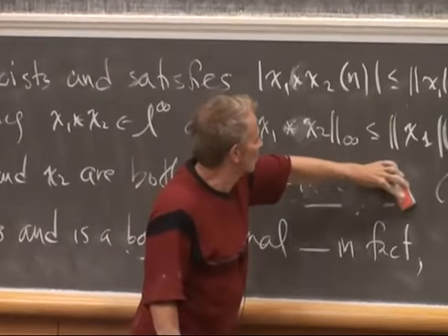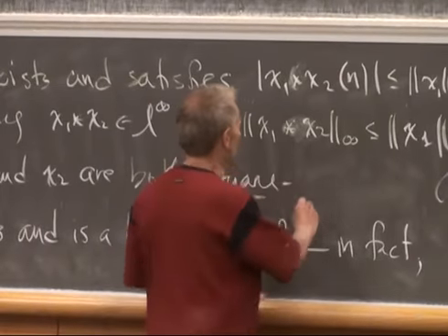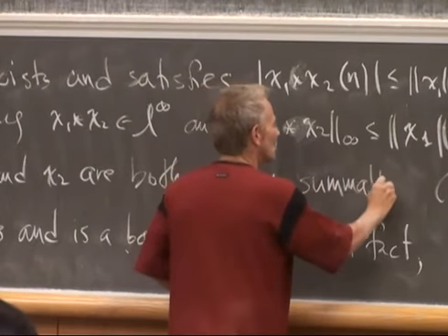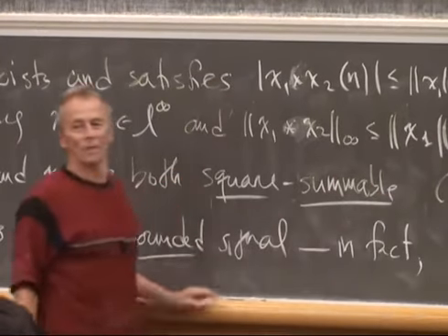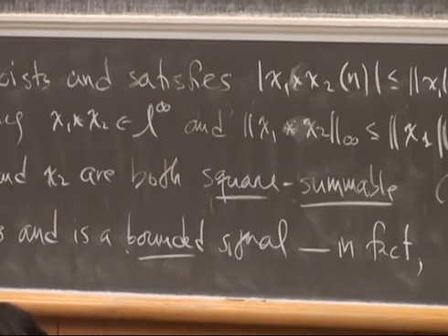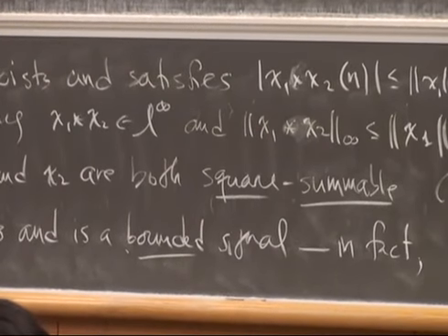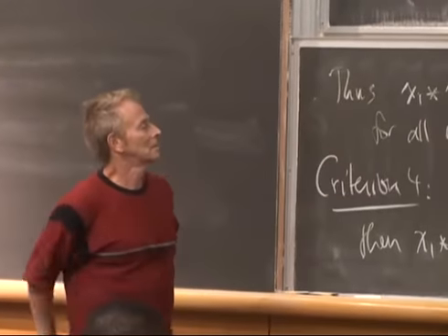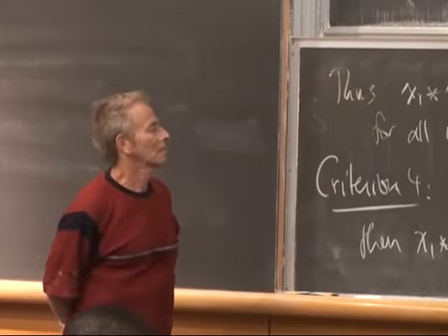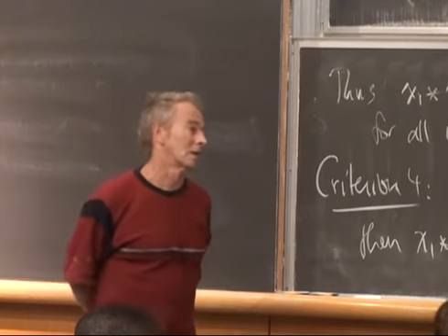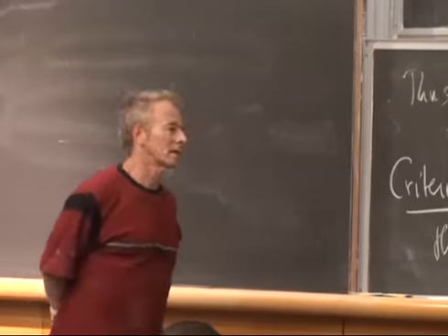Integrable and summable? No, summable is what we use in discrete time. Integrable is what we use in continuous time. And I was just getting like 3 weeks ahead of myself there. So if x1 and x2 are both square summable signals, then their convolution exists, it's bounded, and its infinity norm has that upper bound, upon which we can improve and will.